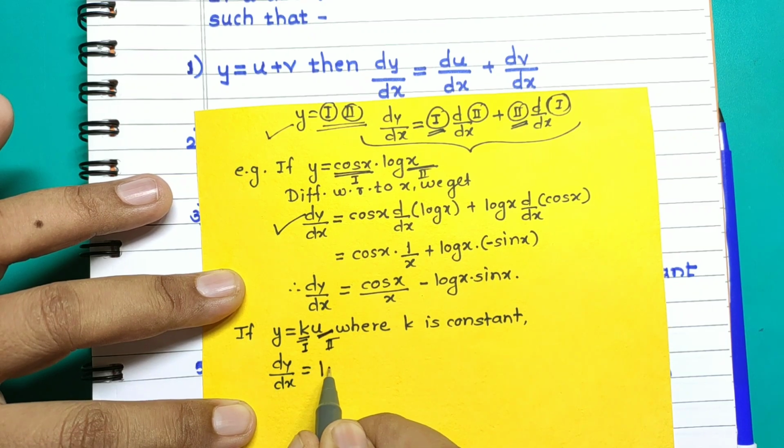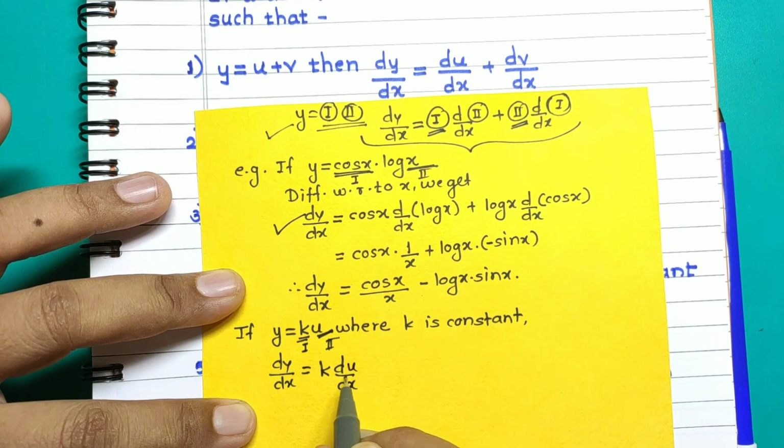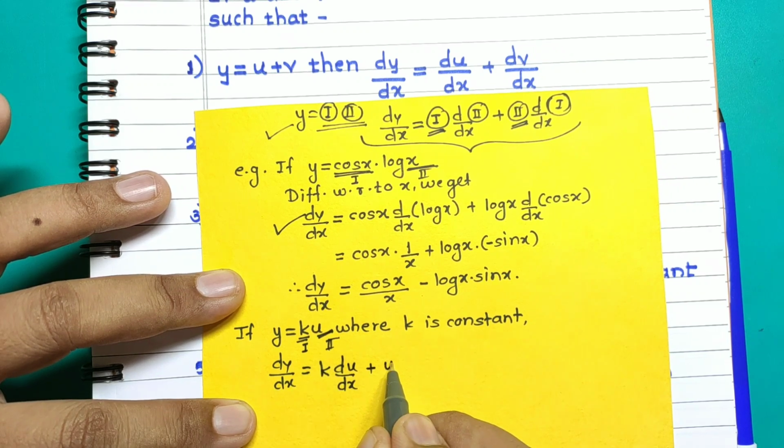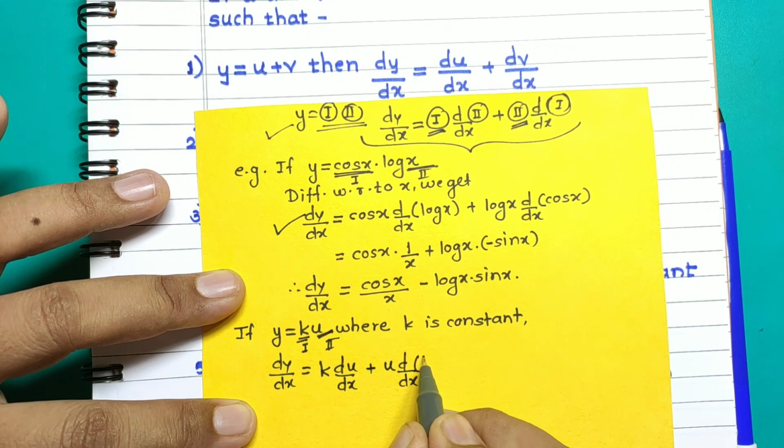Keeping first function as it is, k as it is, multiply it by derivative of second function, that is du by dx, plus keeping second function as it is, that means u as it is, multiply it by derivative of k.